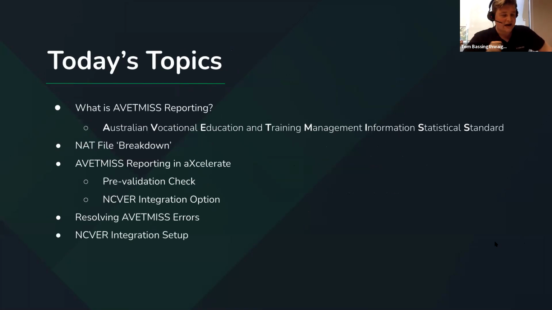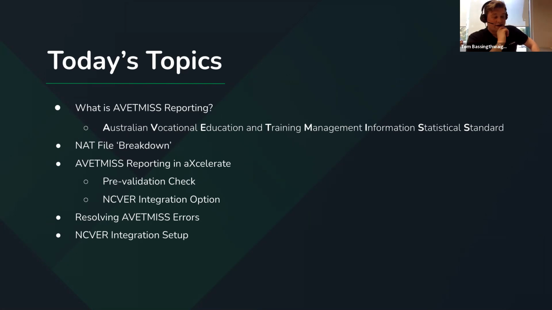So what we're going to cover, firstly, is what AVETMISS reporting is. We won't spend too much time on that. Then we'll look at the NAT files, which are the files you obtain from aXcelerate for the purpose of reporting to the government. I'll break down what's in these files because at a glance, they can be quite confusing.